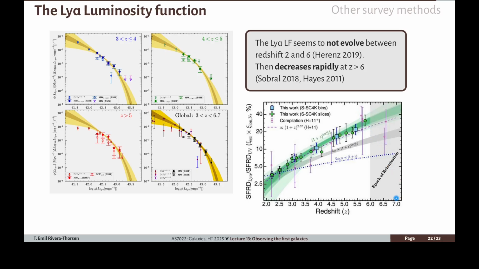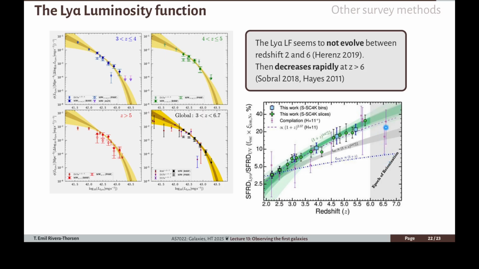And that's simply because this is where we hit the wall where the universe, the intergalactic medium, is no longer ionized. And when the intergalactic medium is not ionized, then Lyman alpha gets absorbed by neutral hydrogen. Lyman alpha gets very, very effectively absorbed by neutral hydrogen.